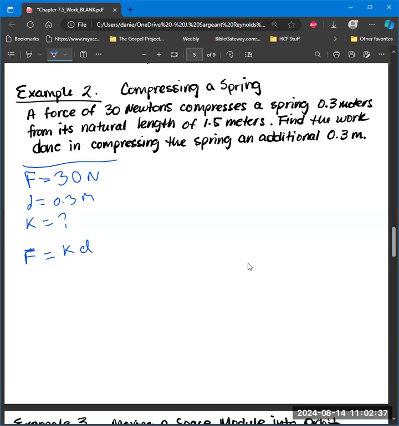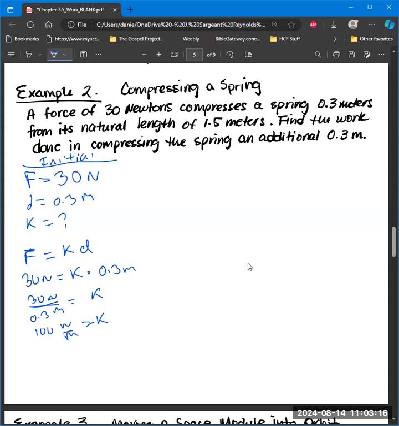This is our initial information: 30 newtons is equal to K times d. 30 newtons divided by 0.3 of a meter is equal to K, so 100 newtons per meter is equal to K. For every meter that I want to stretch the spring, I have to apply a force of 100 newtons.